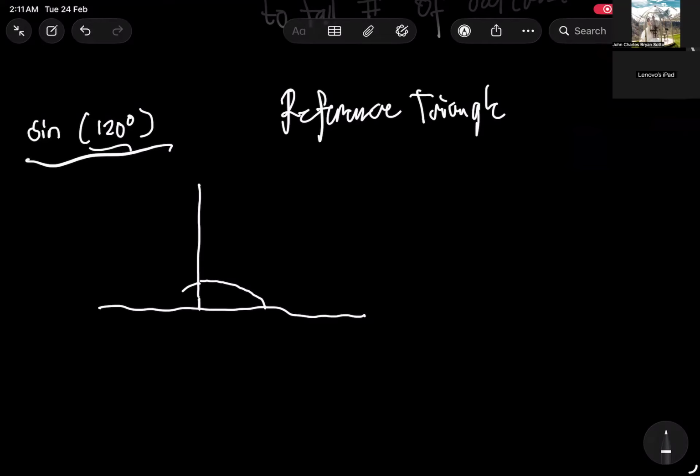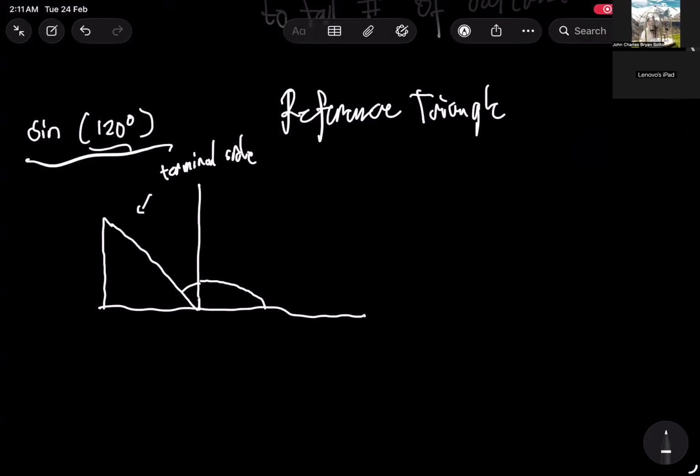Hindi naman kailangan maging exact, just a representation para makita natin kung anong quadrant siya. This is the terminal side, so I'll be drawing the terminal side.